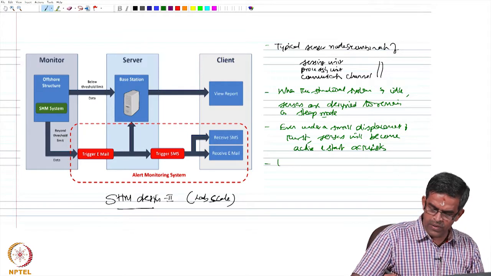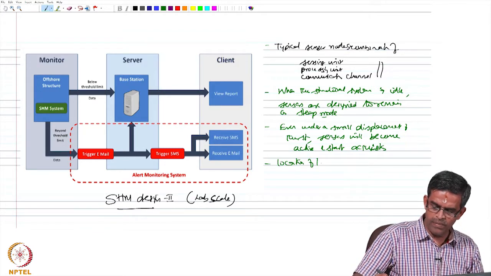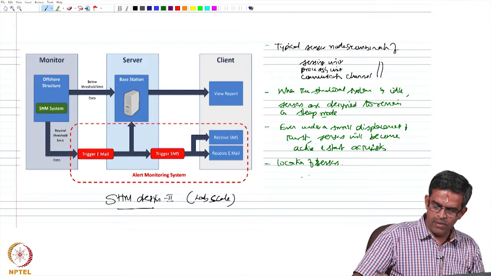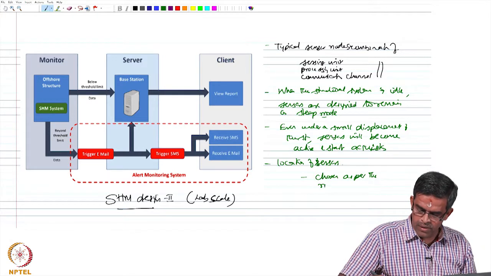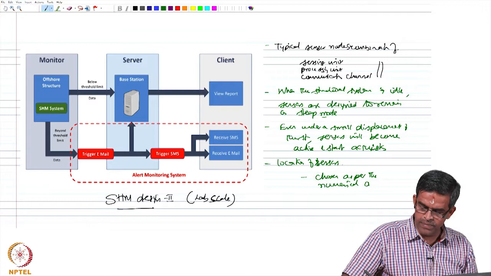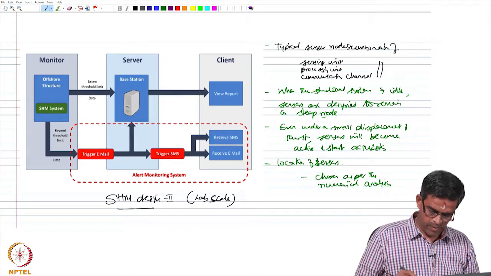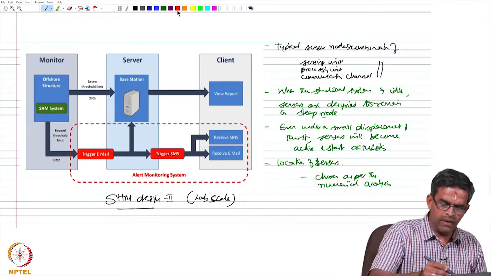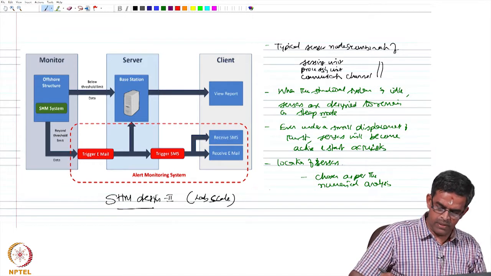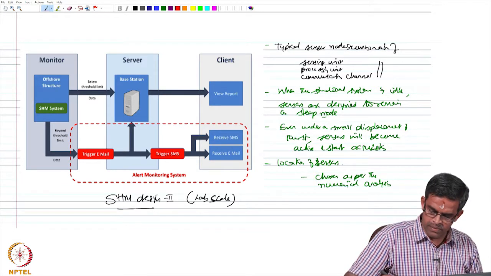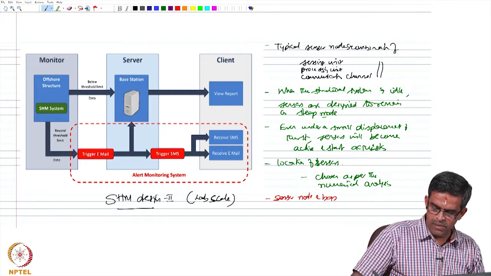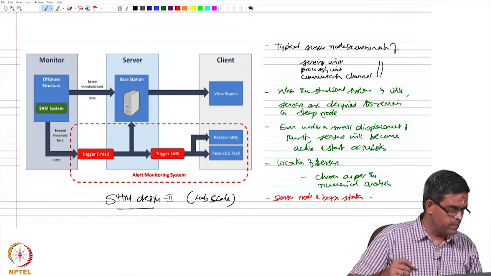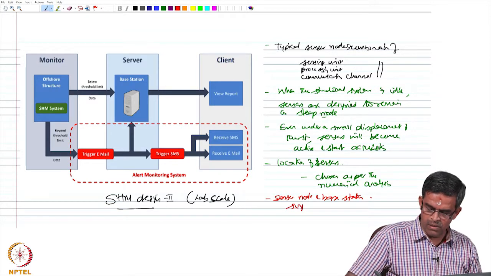Now, the locations of sensors are very important in the design. The locations are chosen as per the preliminary numerical analysis done. In the present study, we have sensor nodes and base station connected to a single network.